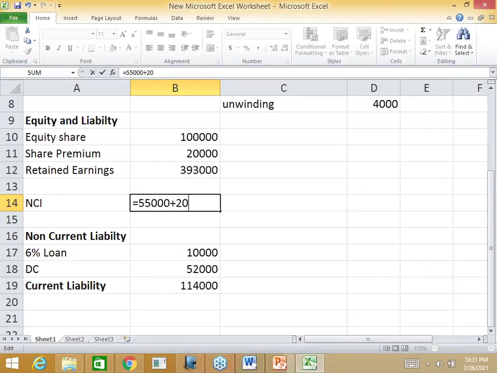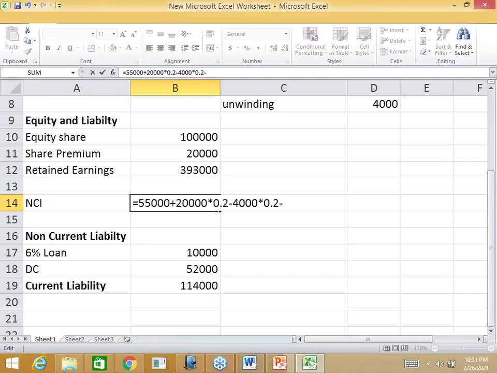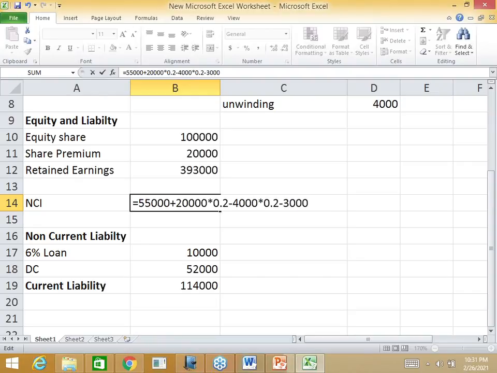That will be 20,000 into 0.2, minus 4,000 impairment loss into 0.2, minus unrealized profit of 3,000 into 0.2, plus the reversal of depreciation of 2,000 into 0.2.